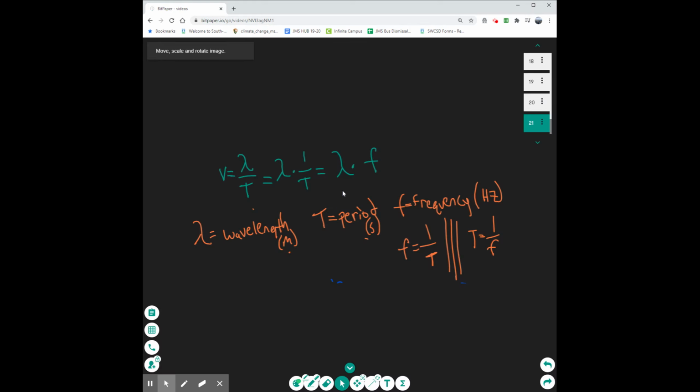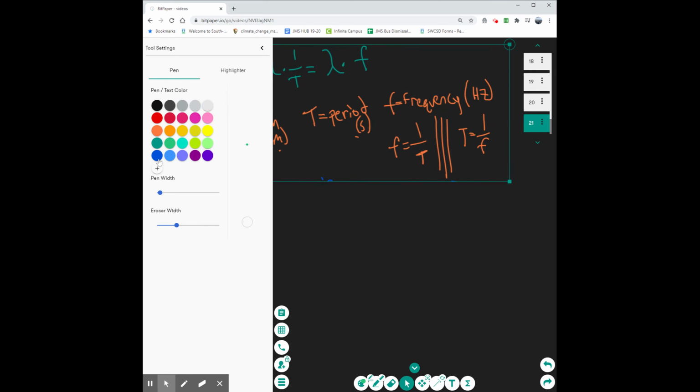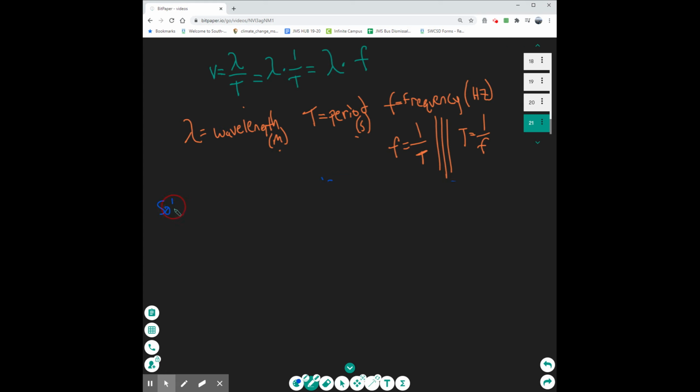So let's take this information and copy and paste it one more time, just to show you one more situation, right? So what if we have to solve for, oh, sorry, not velocity.